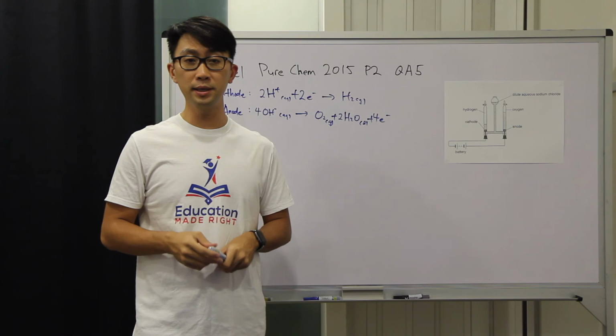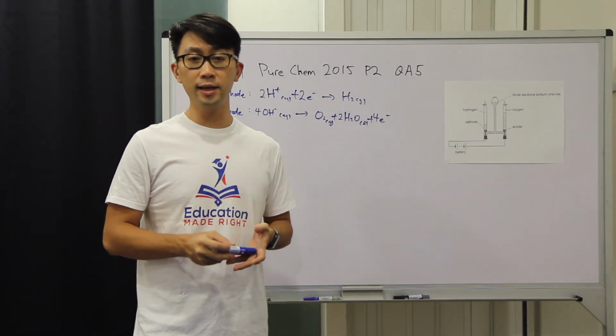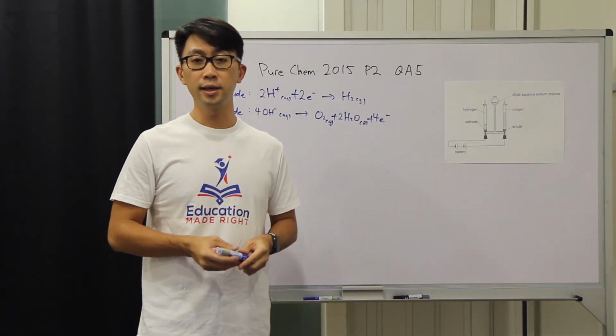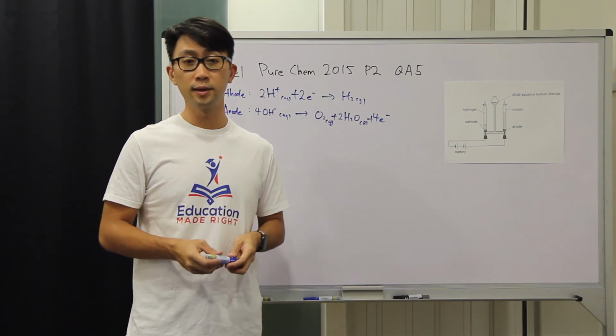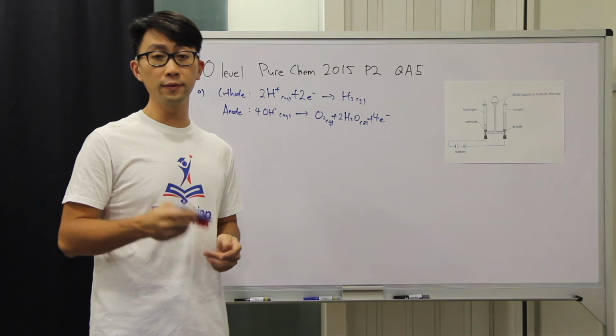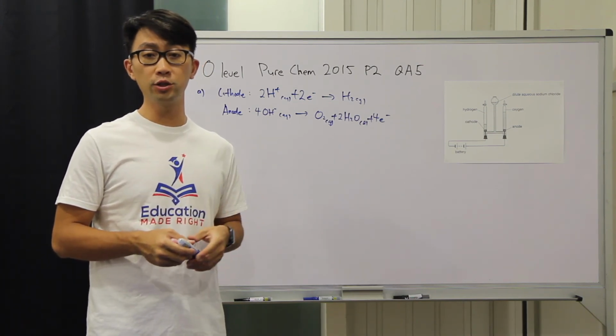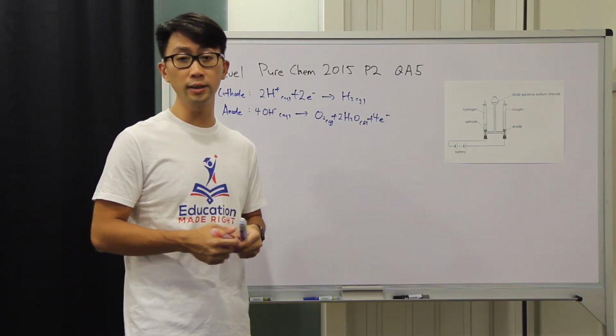Okay, let's look at part B. The gases are collected and their volumes are measured. In theory, the ratio of hydrogen to oxygen should be 2:1. So we'll jump to part 1 first. Why is the theoretical ratio of hydrogen to oxygen 2:1?